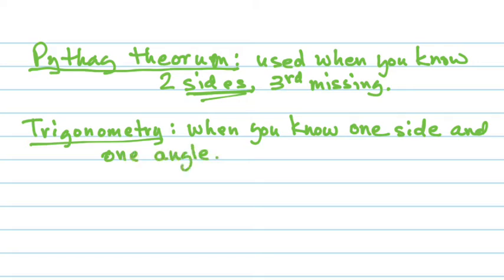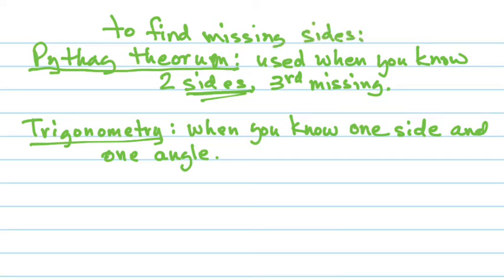Later we will be working with more information, but this is just when we're looking for missing sides. Later, we're going to be looking for missing angles and some other things, which means we're going to have to expand what we do with our trigonometry. But first, we're just going to start with the most basic thing, and that's when we know one side and one angle.